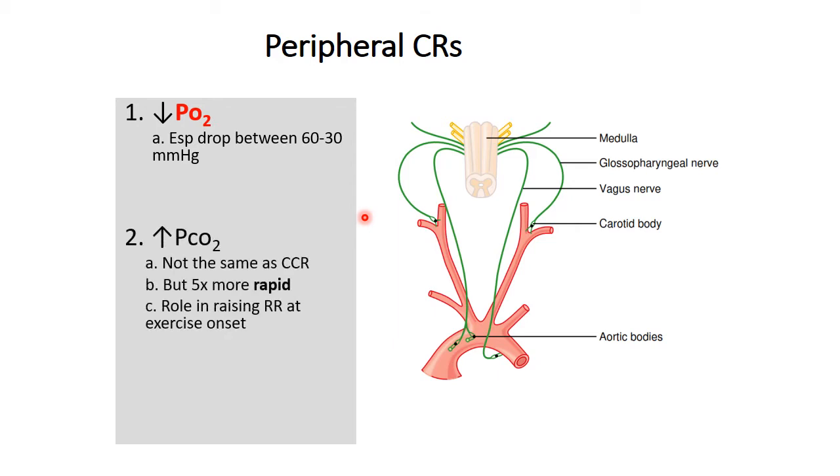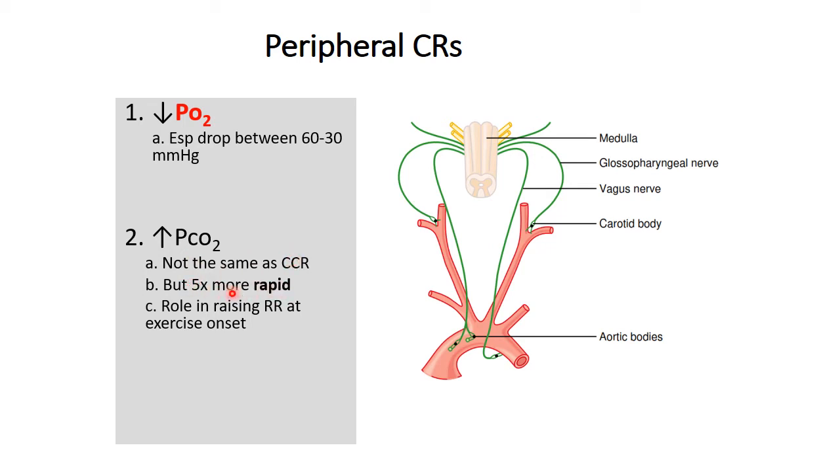Next up is PCO2. Again, very importantly, the effect that PCO2 has on the central chemoreceptors is exquisite, very, very strong and direct. On the peripheral chemoreceptor, it's not the same quantitatively speaking.